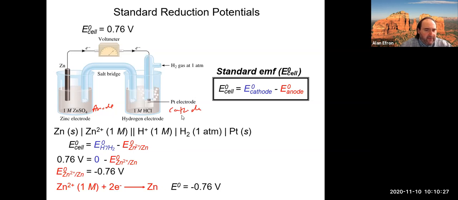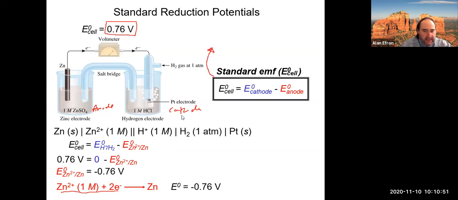And by measuring the voltage of the cell, which in this particular case was 0.76 volts, they were able to determine the actual value of the zinc half reaction or reduction, again represented by this line as being minus 0.76 volts. And they were able to do that by using this equation here in the box.